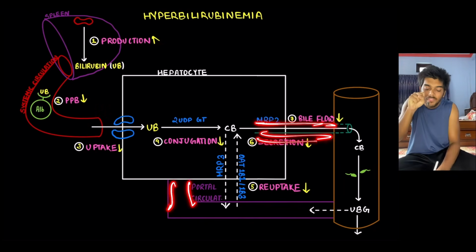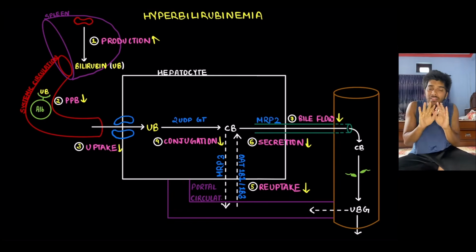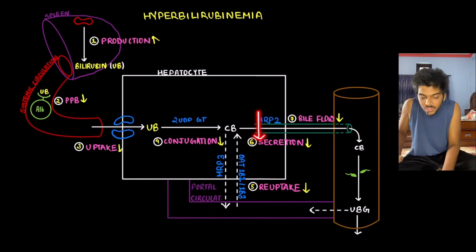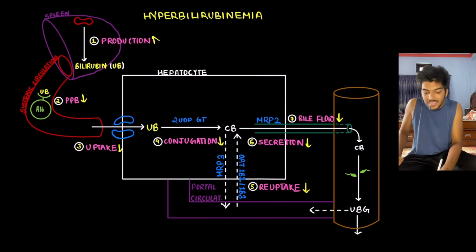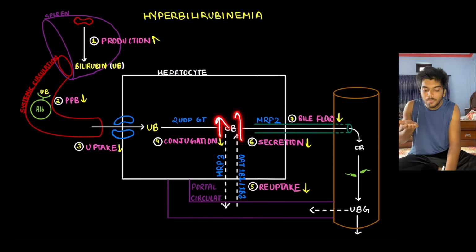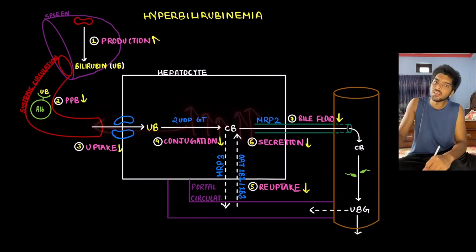The cells press against one another, and they also press upon the biliary canaliculi. So there is obstruction in the biliary canaliculi. As a result, even after conjugation, the conjugated bilirubin does not have any outflow to go through. It can't go out of the cell because it is constricted within. It is trapped within the cell. So there is accumulation of conjugated bilirubin, and it is pushed back into the circulation.